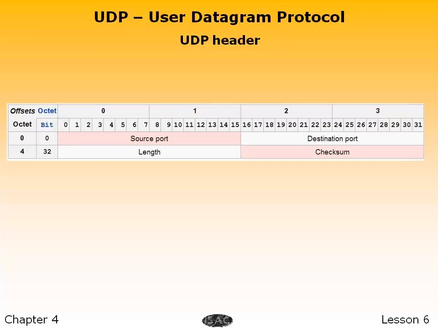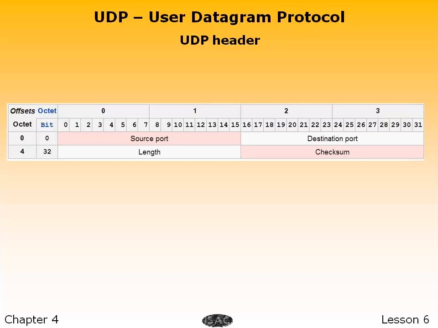If not used, then it should be 0. If the source host is the client, the port number is likely to be an ephemeral port number. If the source host is the server, the port number is likely to be a well-known port number.